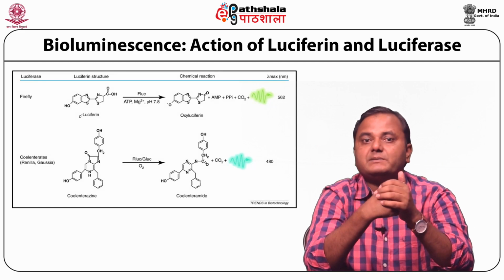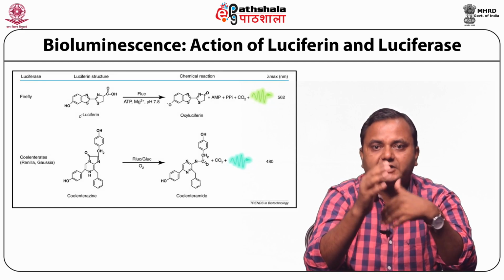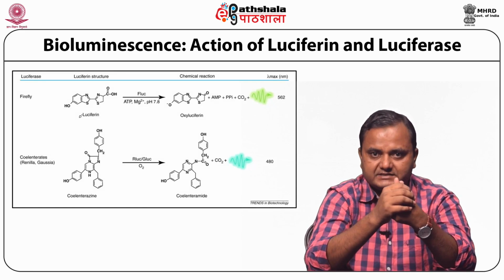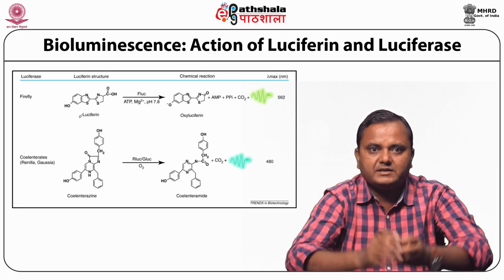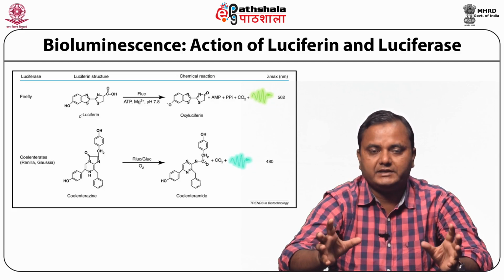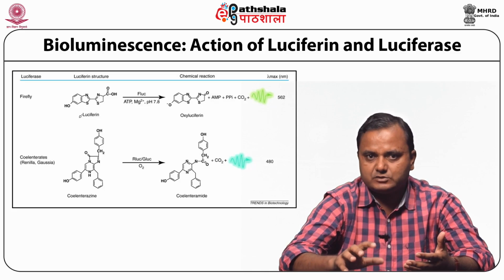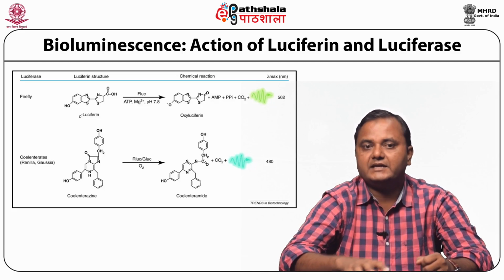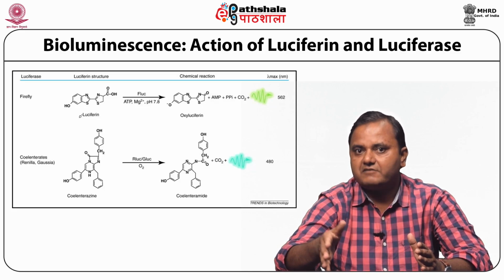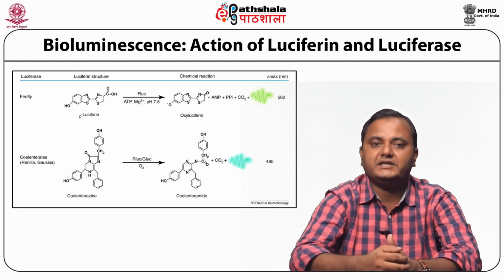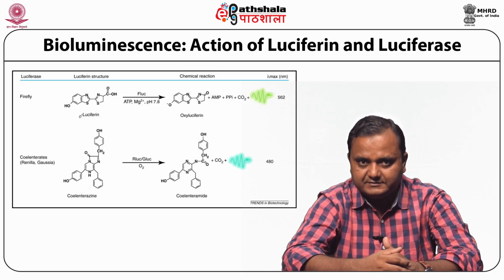Now we discuss the action of luciferin and luciferase. You can see here in the figure that bioluminescence is mainly comprised of two components: a light-emitting substance known as luciferin, and an enzyme called luciferase, which catalyzes the oxidation of luciferin into oxyluciferin.